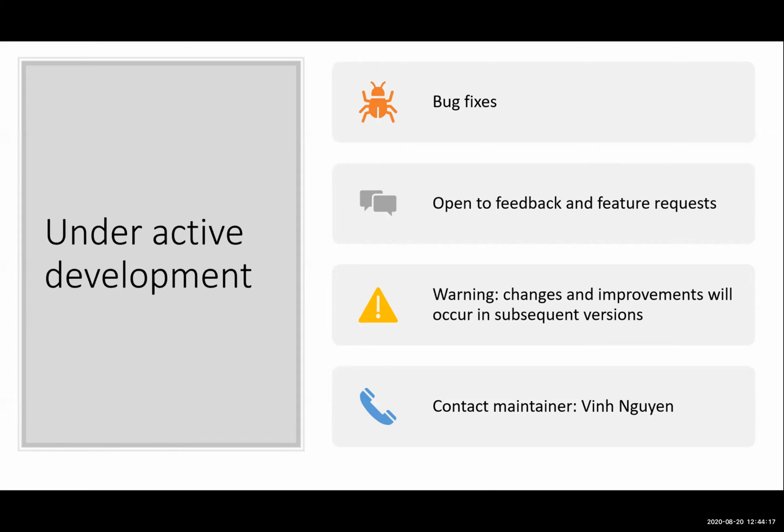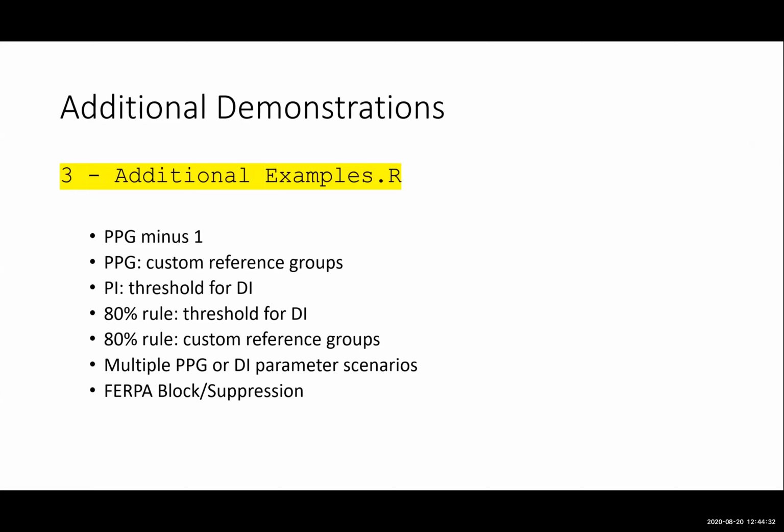So very open to it. If you have any feedback, please let us know. Just want to let you know that changes will happen. So sometimes we might have to make a change that might break your code in the future, but we'll try to not do that. So with that said, I'm going to move into some additional demonstrations.